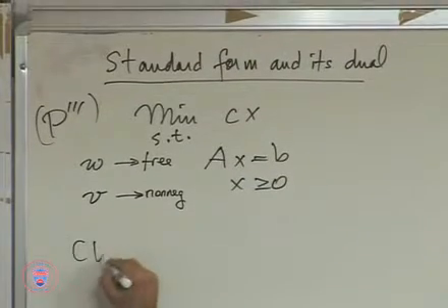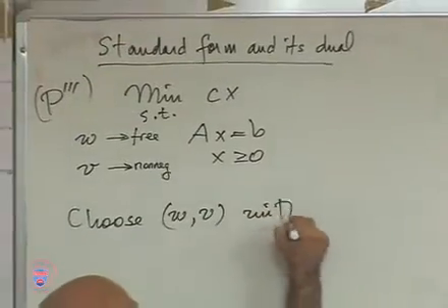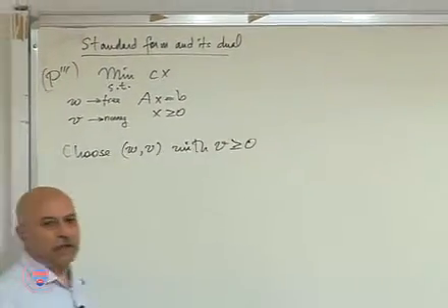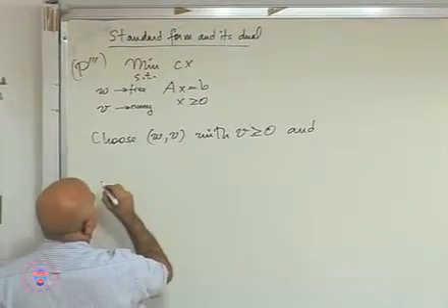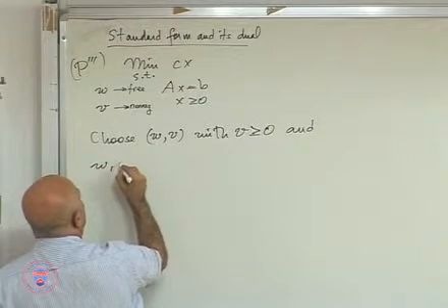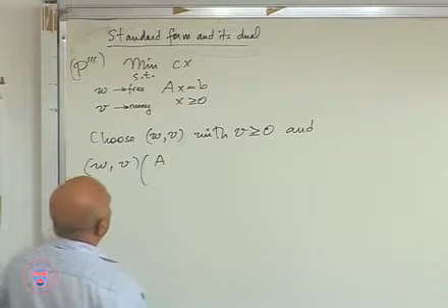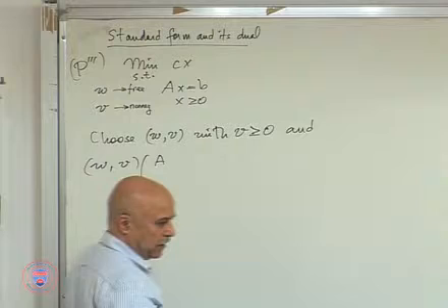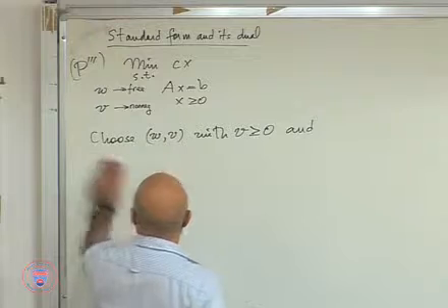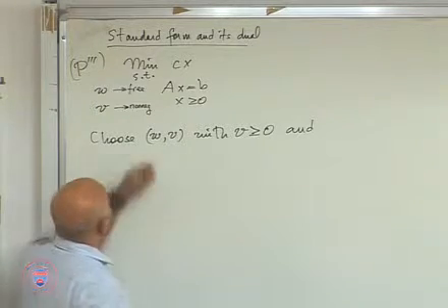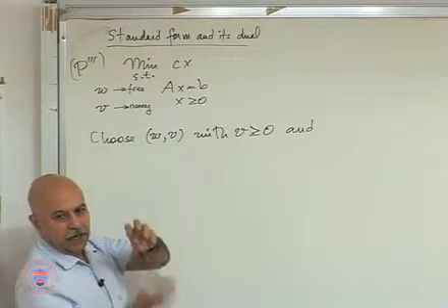For that reason, you want to now choose WV as a vector with only V restricted to non-negative values, and you want still WV times A. What do we want here? In this case, things are a little bit different, actually. I still want to express the C vector as a linear combination of the rows of A and identity.